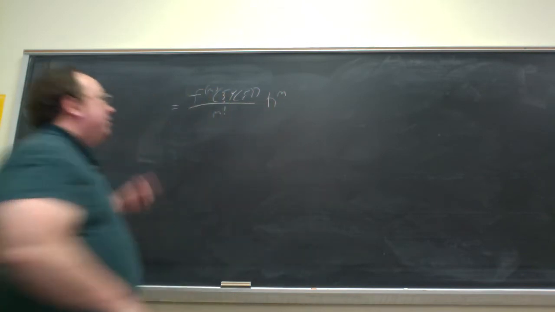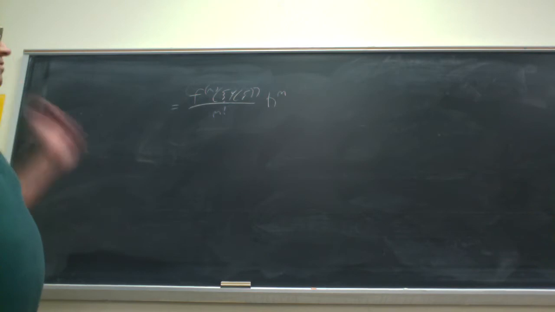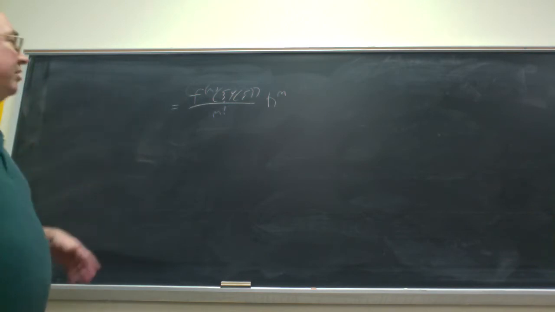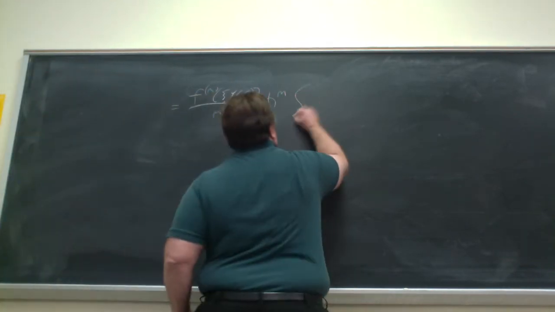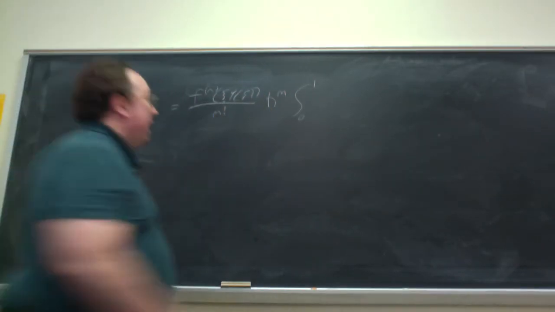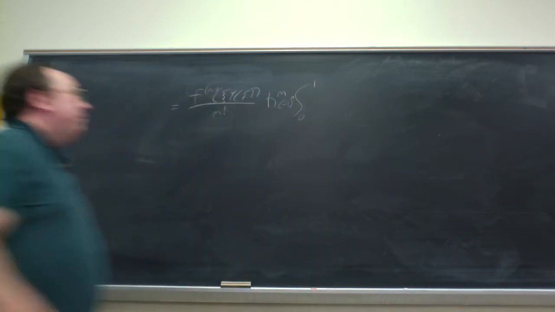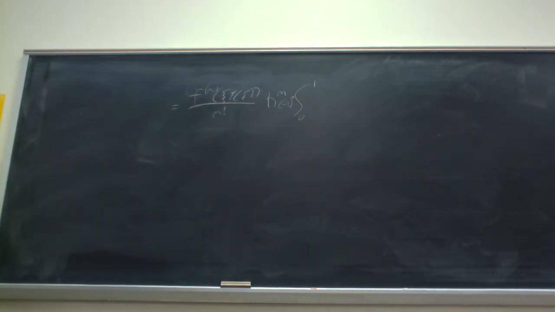Part of that is due to the 1 over h, and the rest is due to the change of variable. I won't go through all those manipulations right here. So we get the integral from 0 to 1. We also have a factor of minus 1 to the m. That also comes from the change of variable.